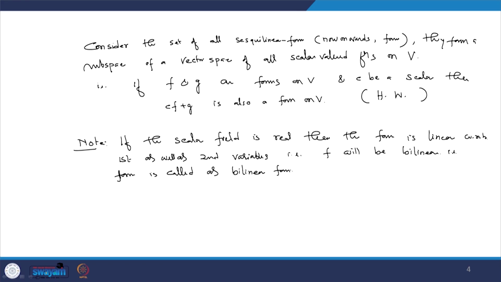Specifically, our objective is to understand whether, if I consider the set of all forms on an inner product vector space V, there is any correlation between the set of all forms of a vector space and the set of all linear operators on the vector space.